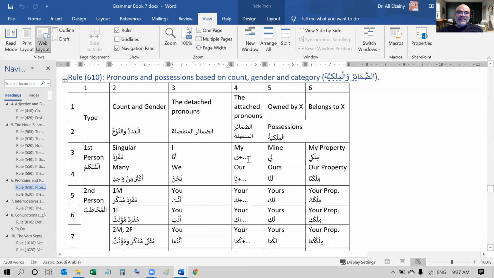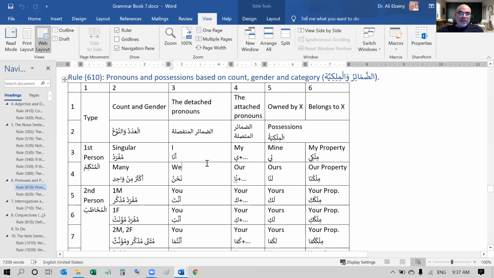Or you can say this is for me, li, or this is mine, milki. So there are three ways to define the property.